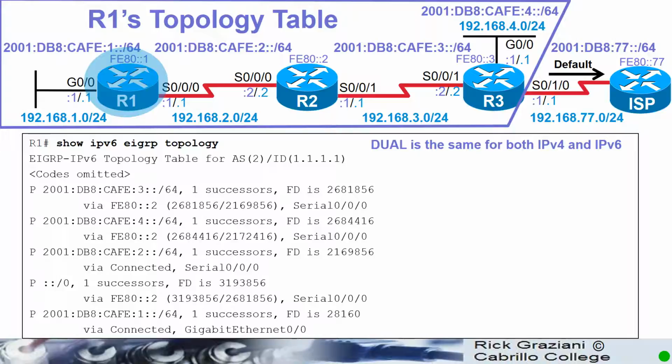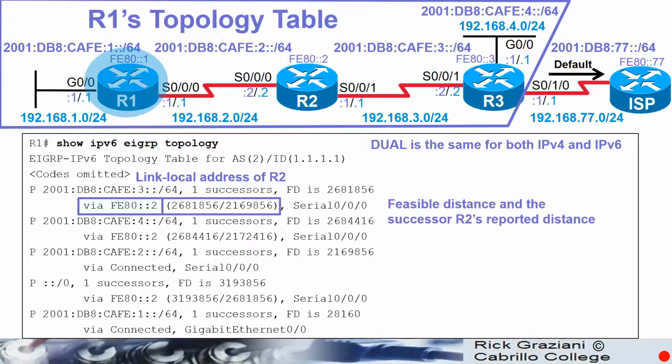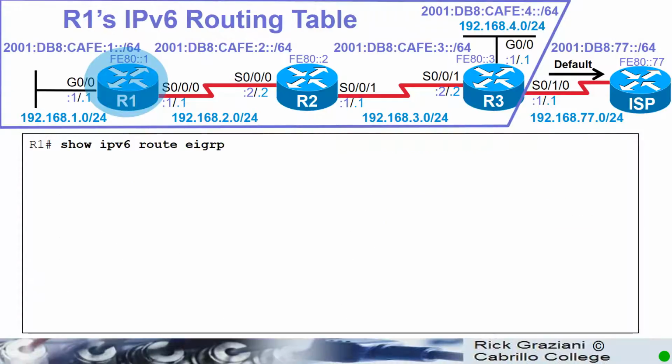And then we have our successors. Here we are not showing any feasible successors, but if there are multiple pathways, you can see them with the EIGRP topology. Link local addresses, again, feasible distance, and that's how we come up with the appropriate successor and the appropriate feasible successors based off that distance.